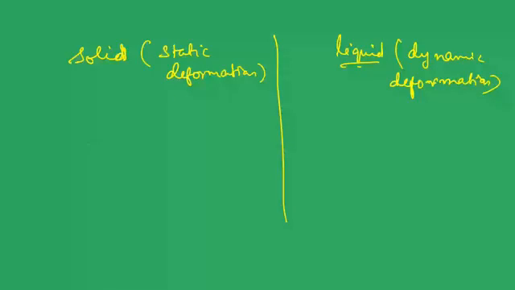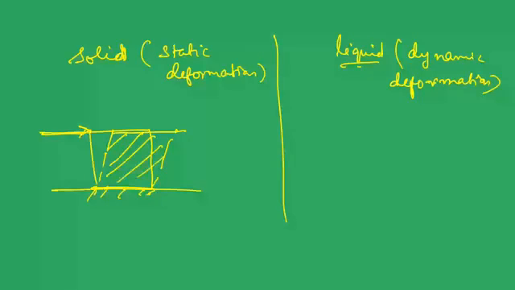So in case of solid, take a solid block here which is fixed on a surface, fixed here. Now if I apply some shear force, the solid block will deform and will get new shape here. This is how it will deform. So this is the new shape of the solid block, and the deformation we can measure here with the angle over here. So this will give the deformation here.